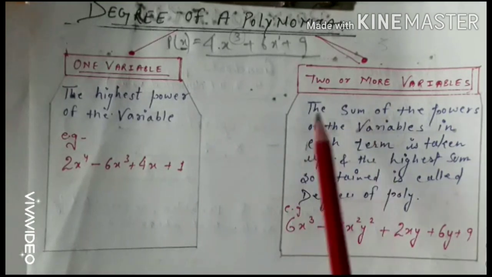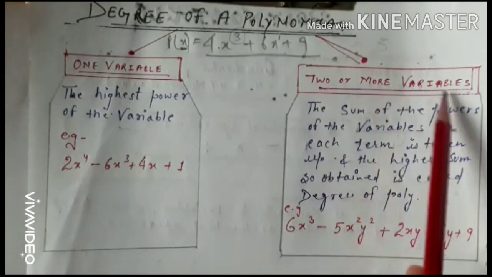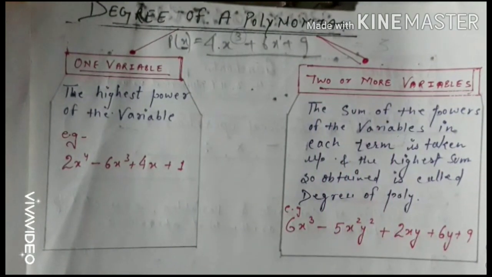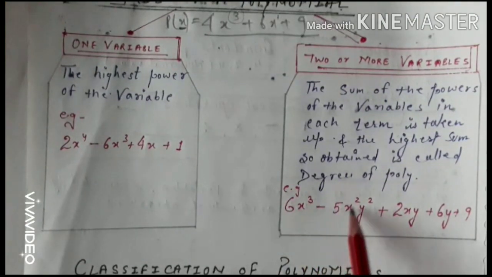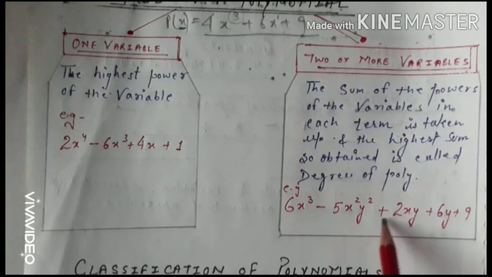The second thing is that when you have two or more variables, in the example it is 6x cube minus 5x square y square plus 2xy plus 6y plus 9. Here it is your x, and it is also the other variable y.